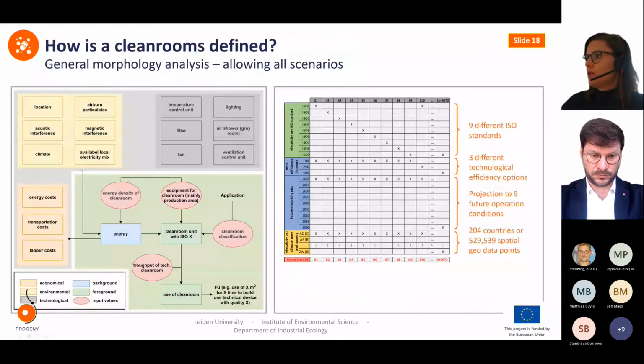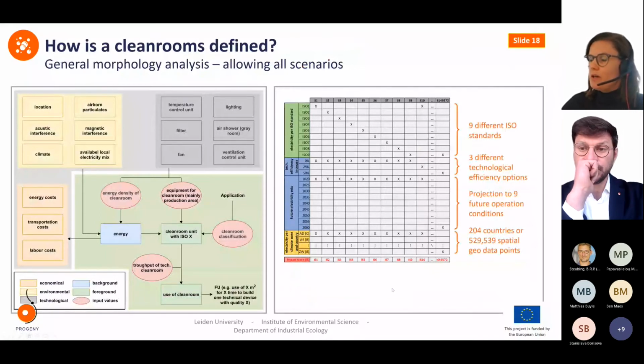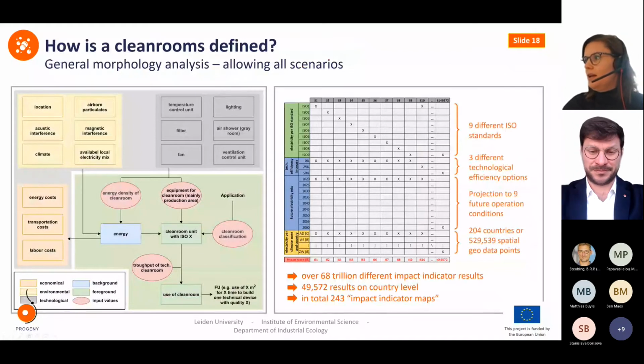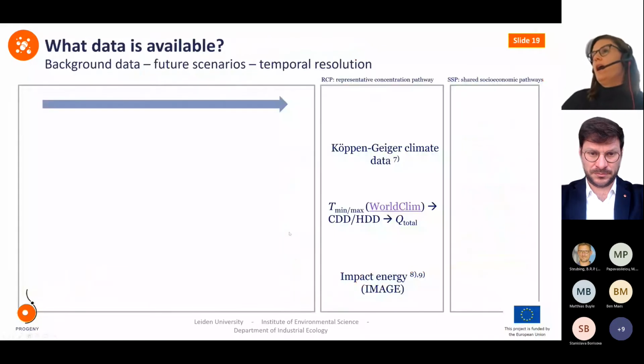Then we also looked into the future, with 9 different future projections, and then also spatial resolution to include the climate. In the end, we had 68 trillion different impact indicator results, and we could show them also on 240 different impact indicator maps. I will just be a bit quicker here because of the time.